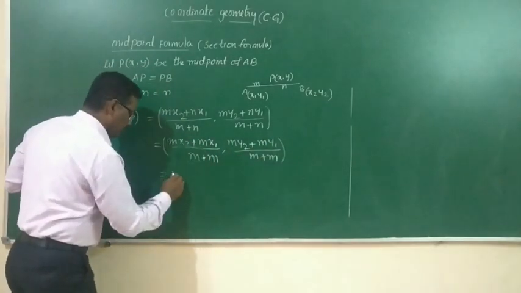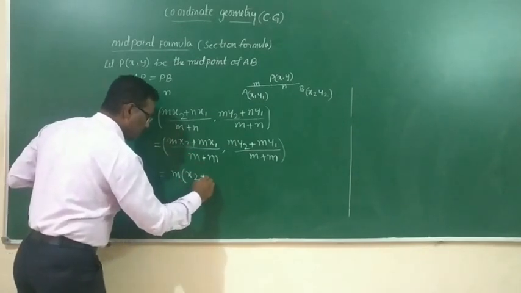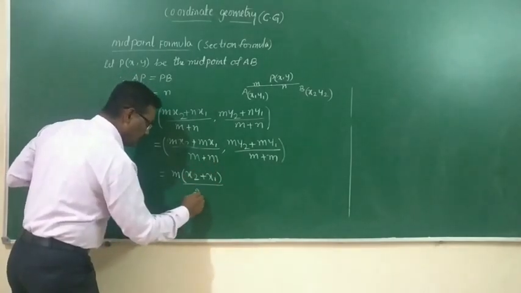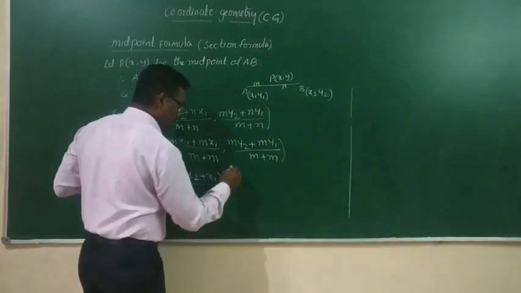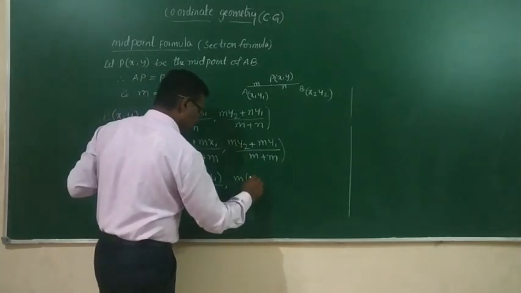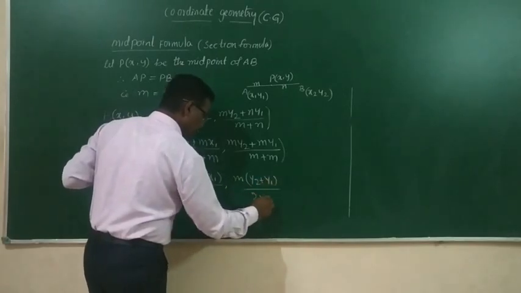Take m as common factor. M common factor, where we get x2 plus x1 by m plus m is 2m. M by 2 plus m by 1, m as common factor, y2 plus y1 by 2m.